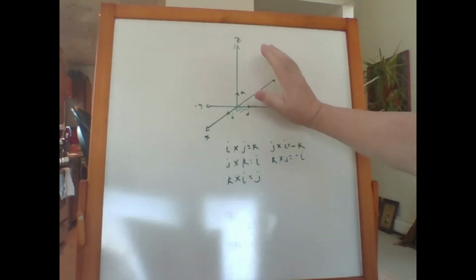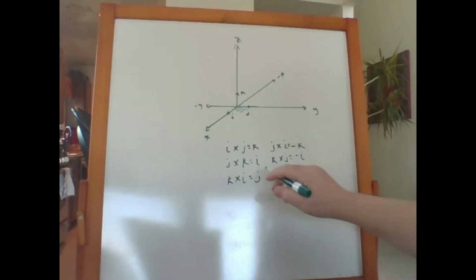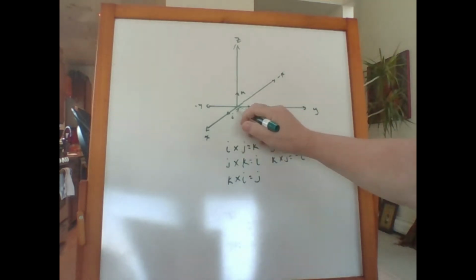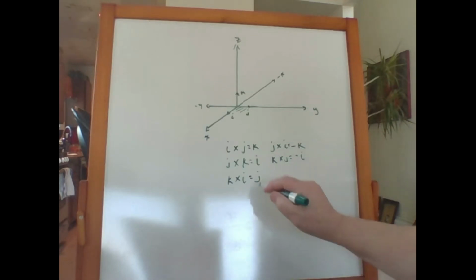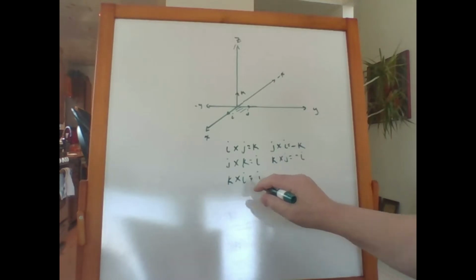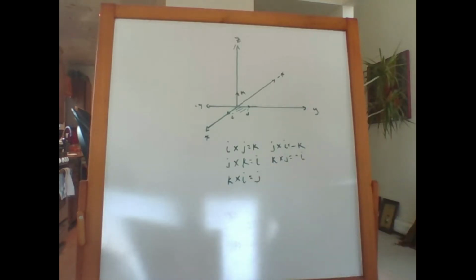JK is in that plane. I is perpendicular. It comes out of that ZY plane. So these always yield vectors that are perpendicular to that plane.